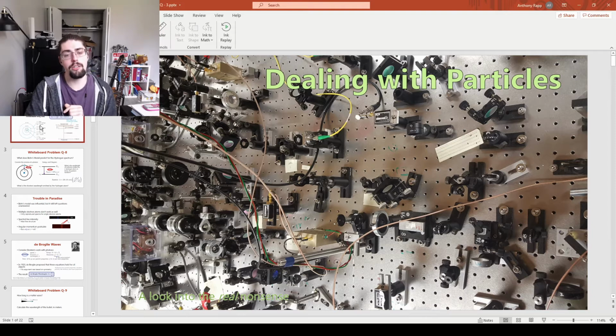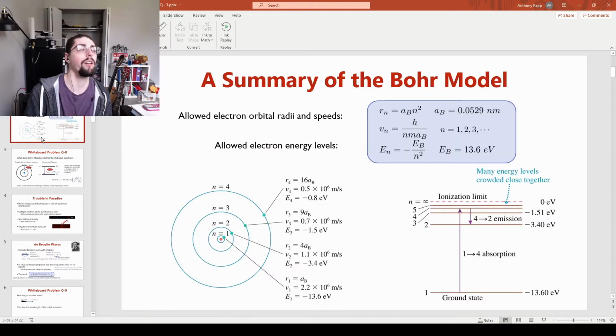But we took some of the ideas surrounding that, and some of the ideas of quantization that we had begun to find from many of these different details surrounding light, and Bohr essentially formulated something like this for hydrogen. Let's focus on one piece at a time here.